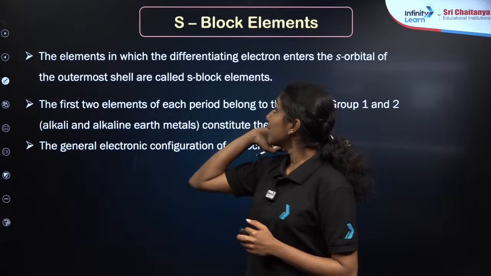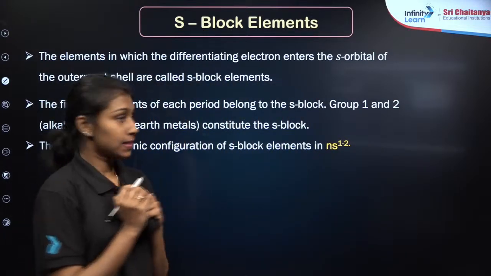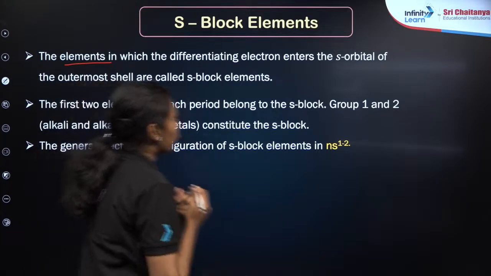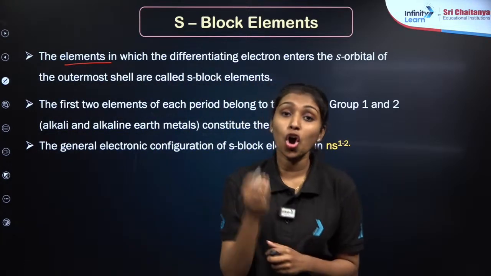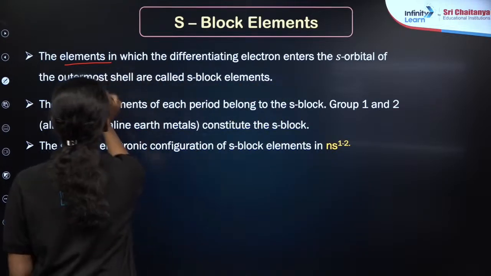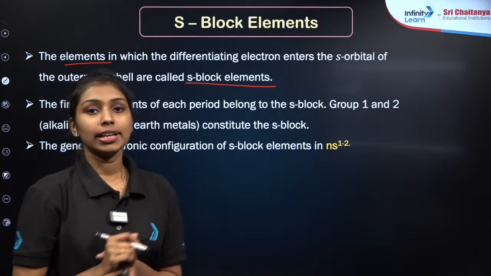Now let us take each and every block of elements in detail. First one is the S block elements. As I already mentioned, in these elements the differentiating electron, or the last electron, always enters the s orbital, therefore this is known as the s block.